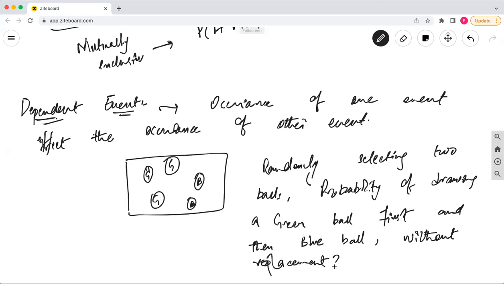The very important takeaway in this question is that these are without replacement. If you are picking one ball, for finding the occurrence of the next event you can't include that ball in the subsequent event, right? I want you to have an idea about with and without replacement. What is meant by with replacement? What is meant by without replacement?